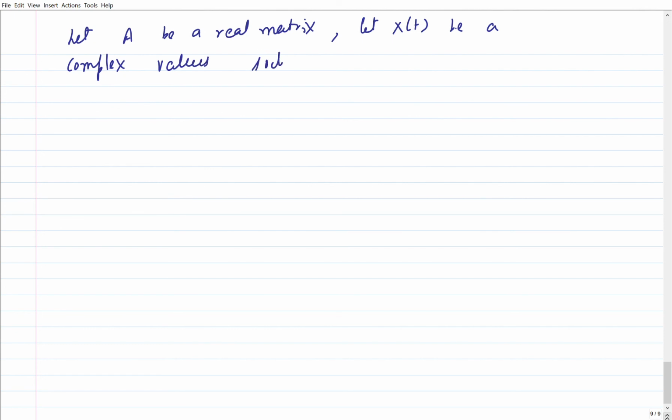So let A be a real matrix and let x of t be a complex valued solution to the differential equation.